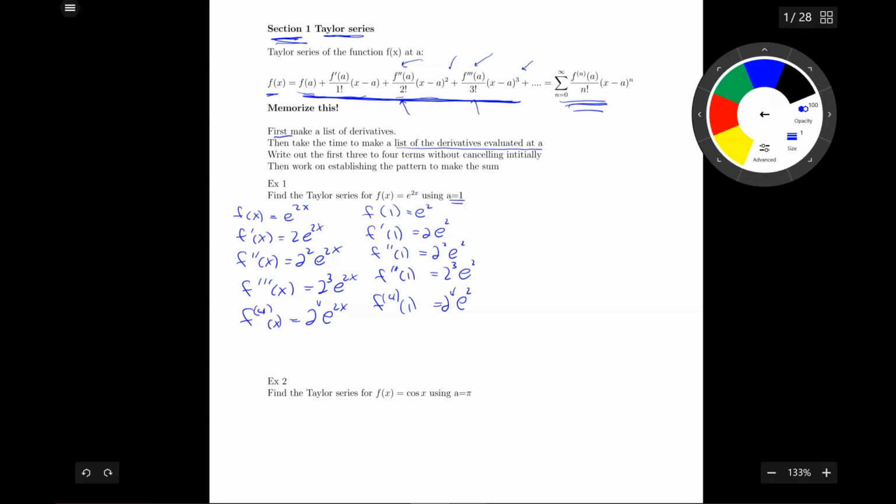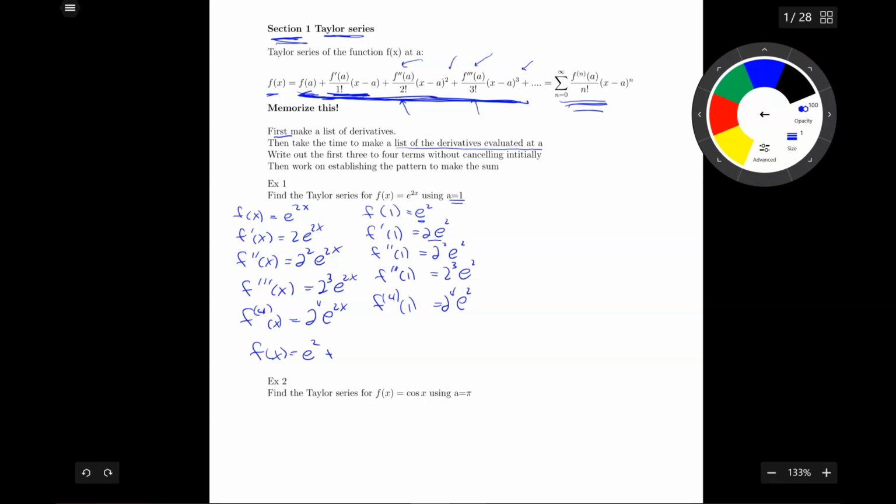Okay, so now I'm going to put it into this pattern. So f of x equals, first is f of a. So f of a is this, so I have e squared plus. Now I'm going to put this term together.